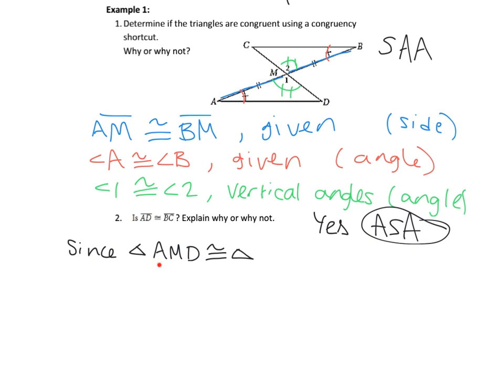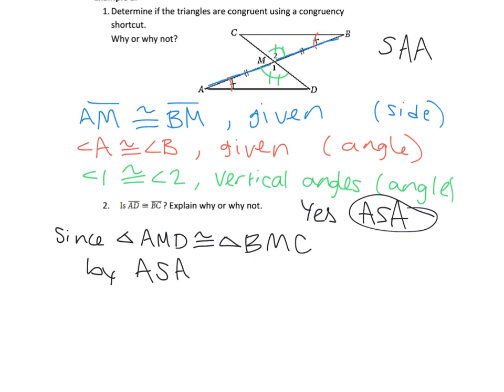Alright, so if we look, I wrote AMD, and A matches up with B, so I need to write B, and then M matches up with M, and then D matches up with C. So hopefully you got that right, BMC. And we know they are congruent by angle, side, angle, which we just showed.